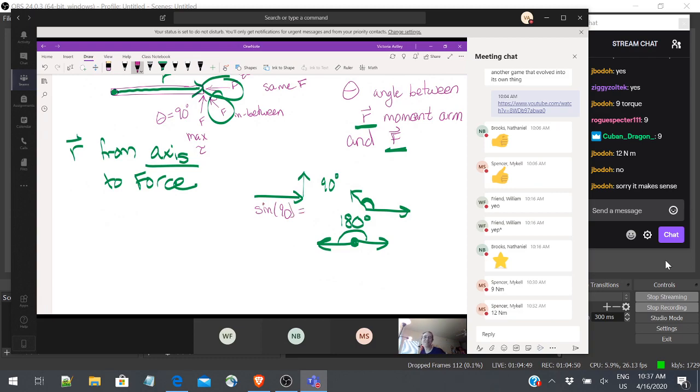Or, oh, it was the answer to the will it rotate? You said no. Gotcha. Sine of 90 is 1, so we get the maximum torque. Sine of 180 is 0, so we get no torque. Sine of whatever angle this is going to be some value, something in between.